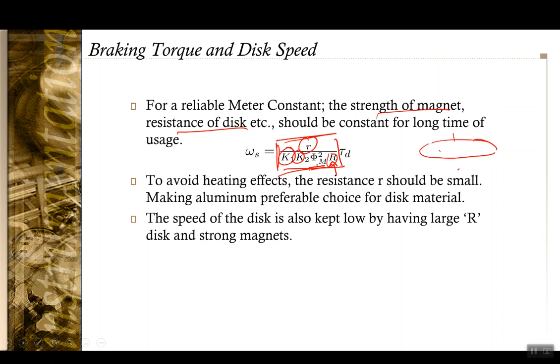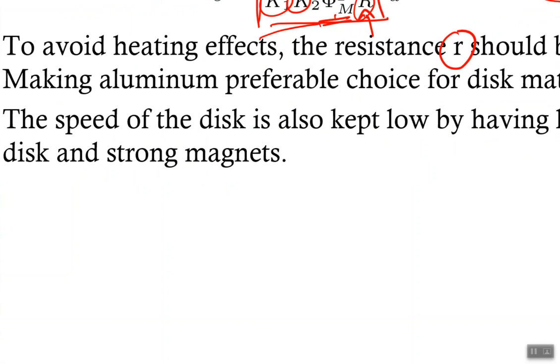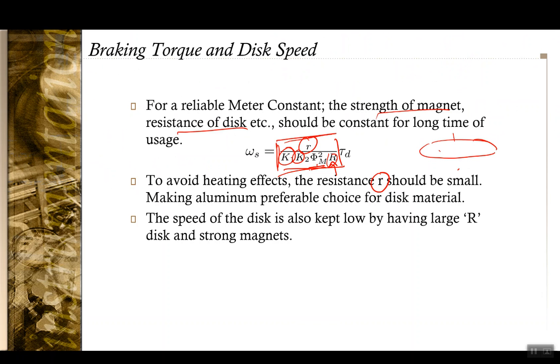In order to decrease the amount of heat being dissipated, we have to keep R to the minimum, and therefore aluminium is the preferred choice of disc material, so that the resistance is minimized.